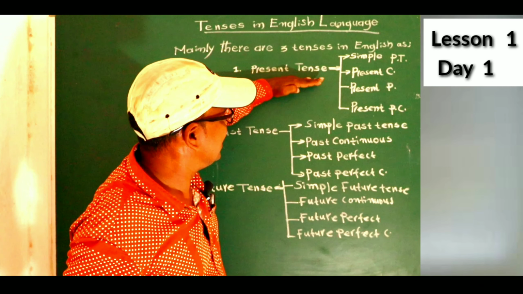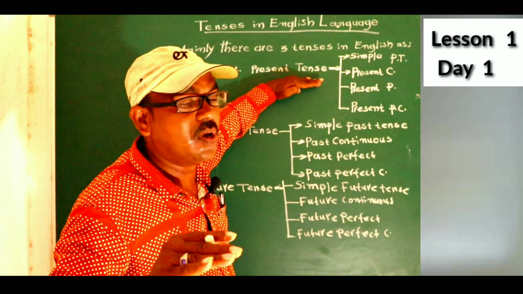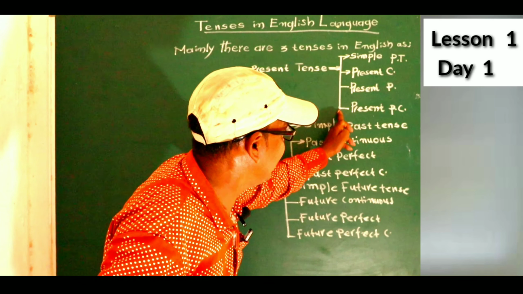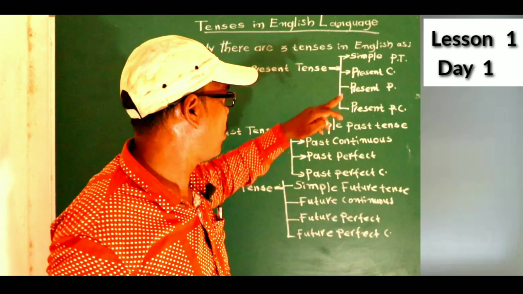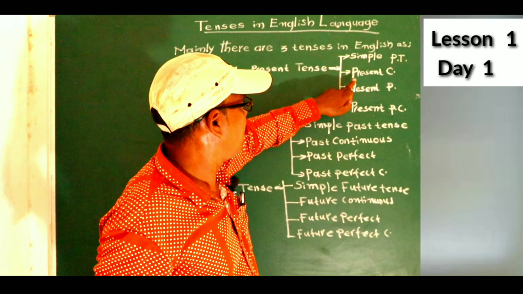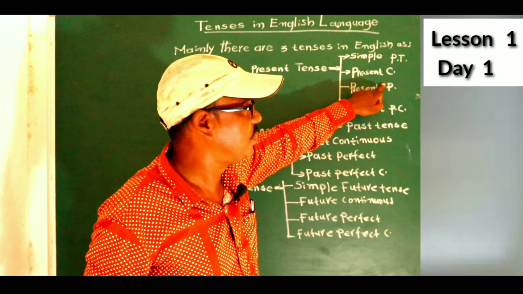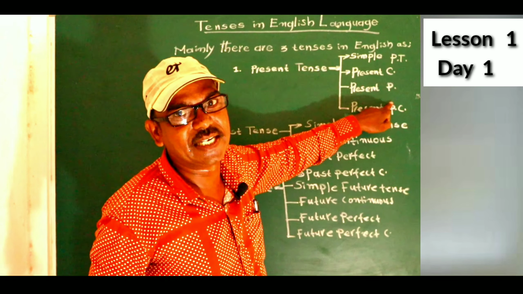So the present tense, the action which happens at the time of the speaking, is also divided into four types. What are they? Simple present tense, present continuous, present perfect, present perfect continuous.